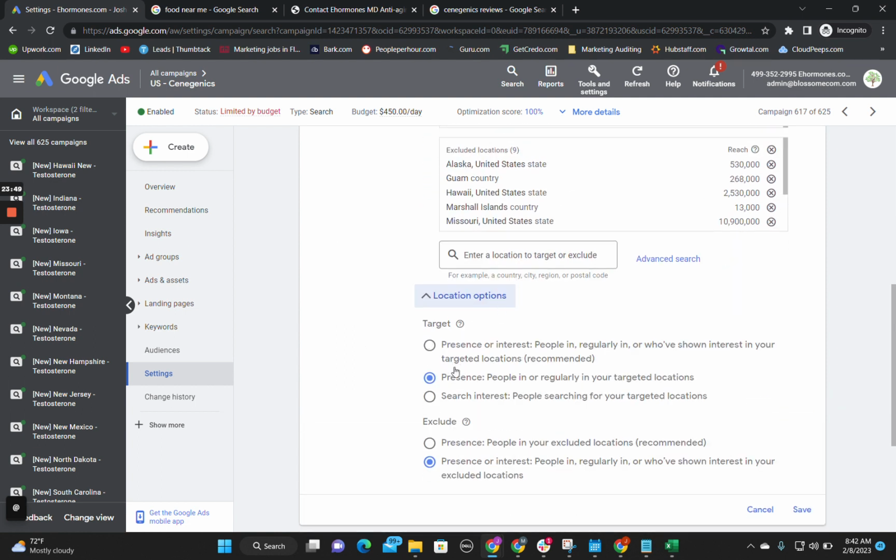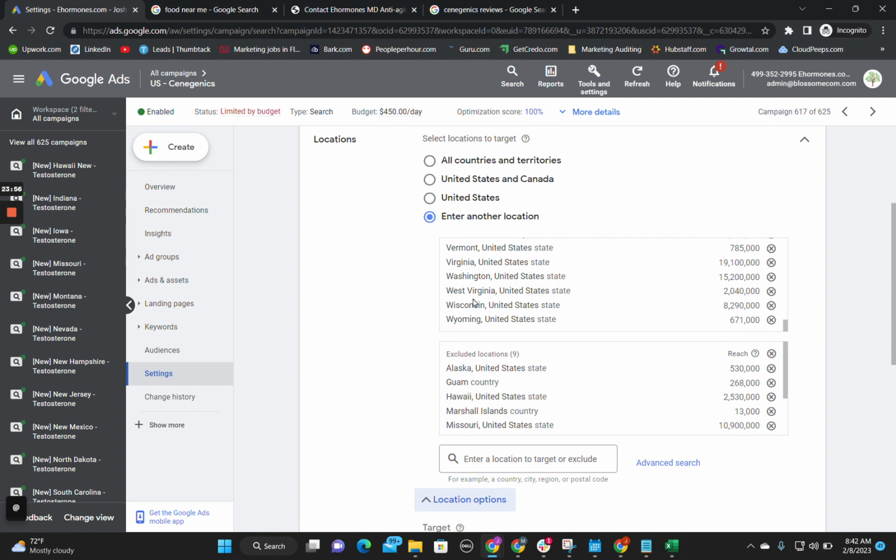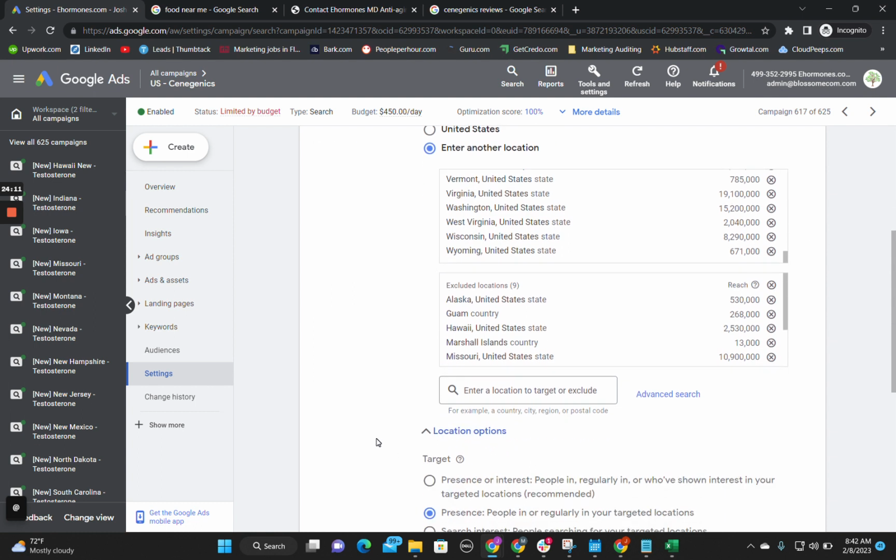It's good that the location options here just say presence, because if it was presence or interest, say someone living in China was interested in flying to Virginia, or maybe likes country music, and then therefore they're popping up because of this. It allows people from literally outside of whatever you say to find your company.